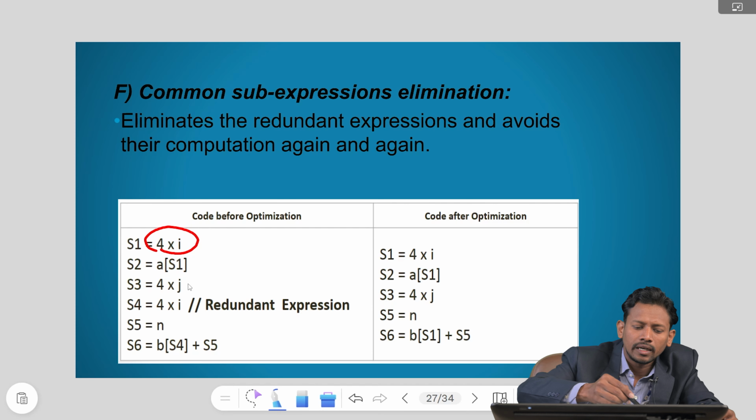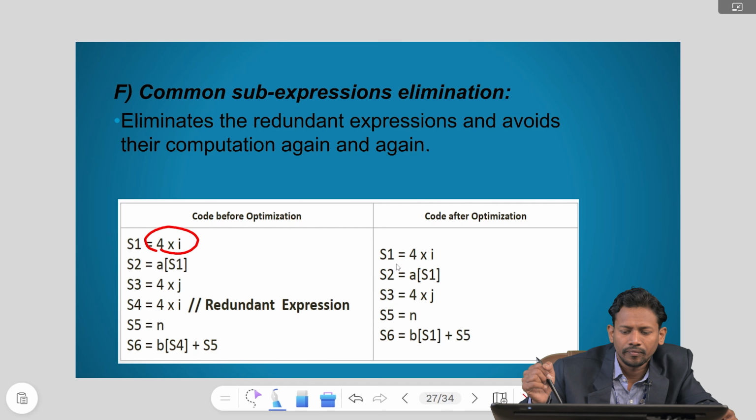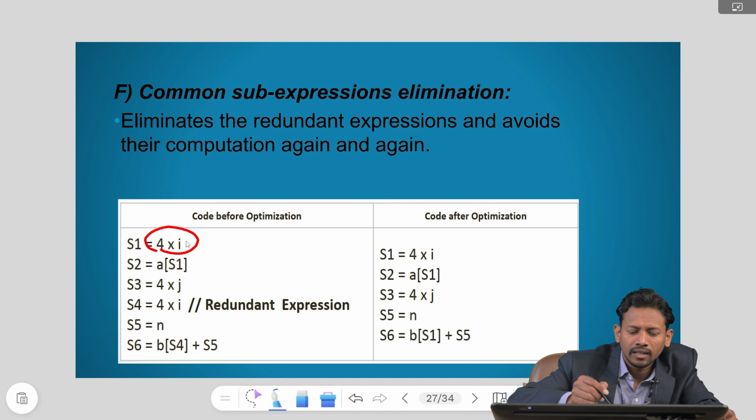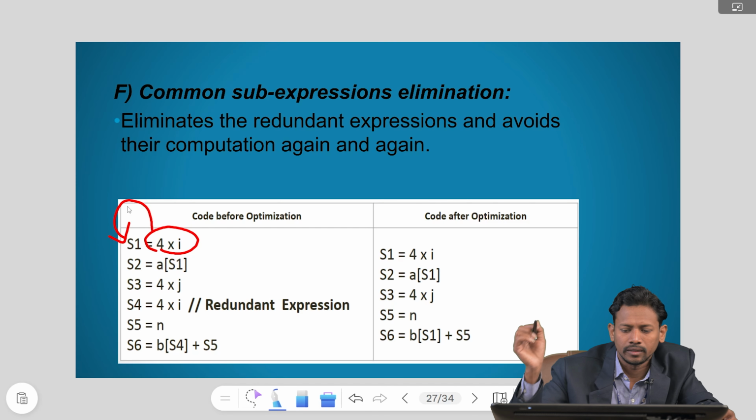So it tries to save that 4 multiplied with I in a separate variable, and whenever 4 multiplied with I is present in our code, it automatically substitutes the S1 expression.